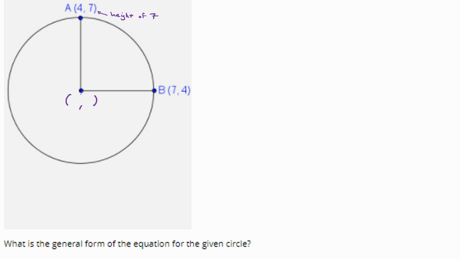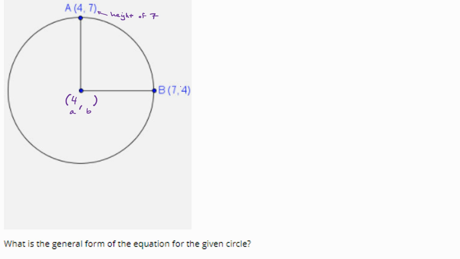Did the x of the center change? No, it's directly below. So the x coordinate, or rather the A and the B here, the A is going to be 4. It's directly below that top point, point A.